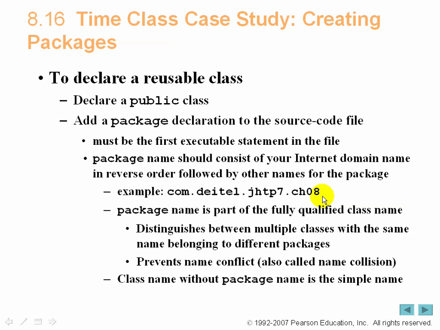Now, the package name becomes part of the class's so-called fully qualified class name. So if I'm going to take my Time1 class from the beginning of this chapter, for example, and turn it into a reusable class, and use this as my package name, com.deitel.jhtp7.ch08, my new class name is actually all of these names from the package with all the dots that you see here, followed by another dot and my class name.